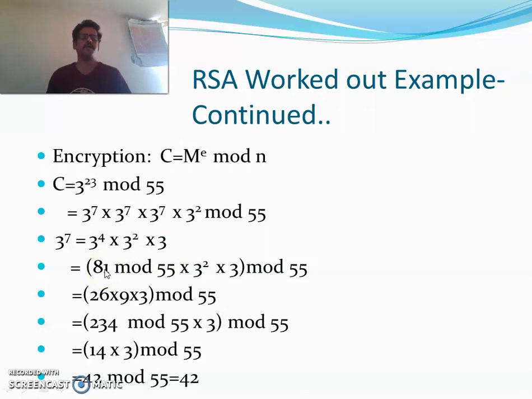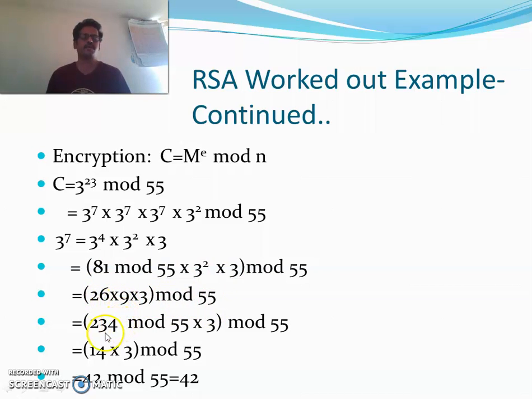If we want to bring the value within the range of 55, we can apply the modulo here. So 81 mod 55 into 3 square into 3. 81 mod 55 leaves the remainder 26, so the expression becomes 26 into 9 into 3 mod 55.